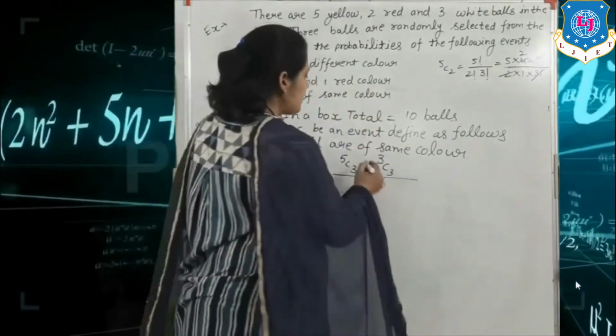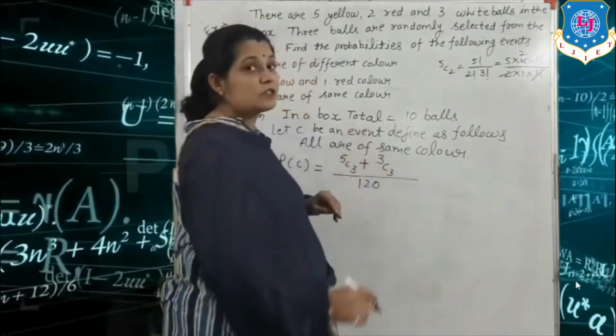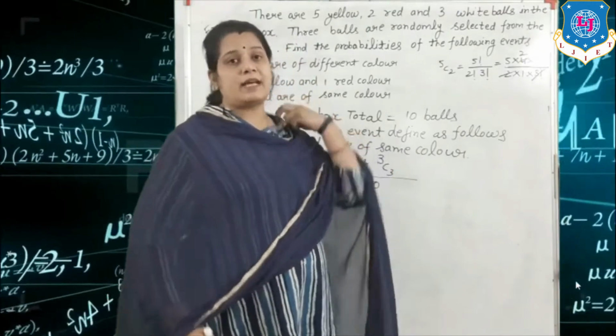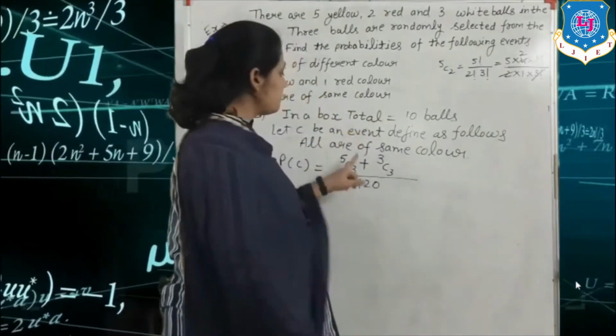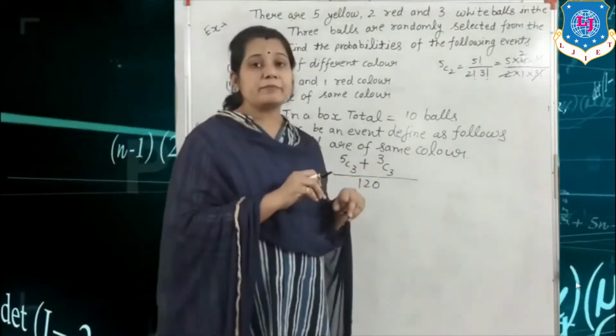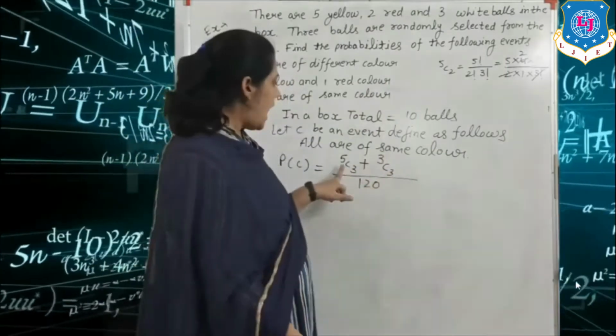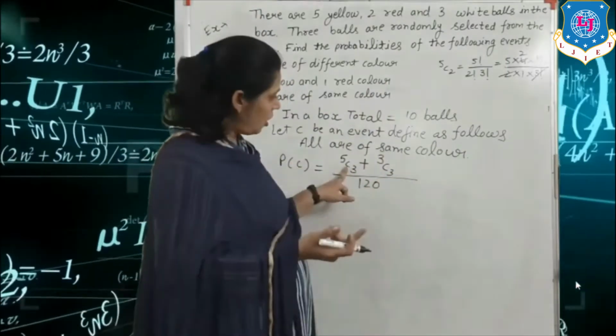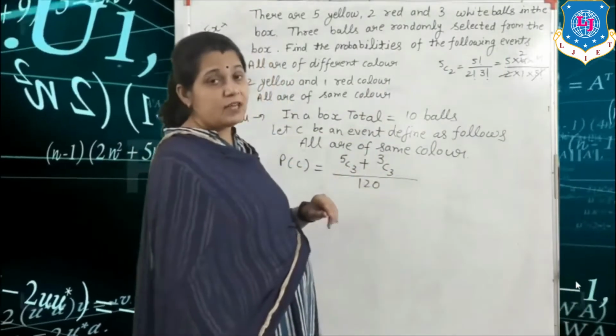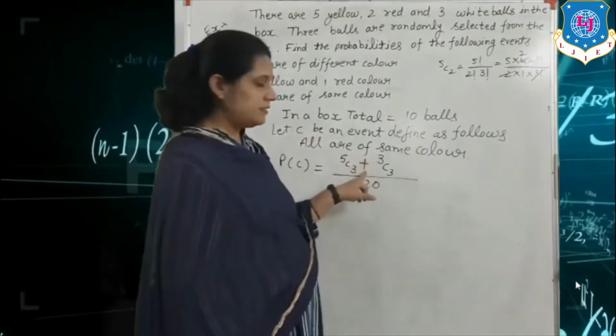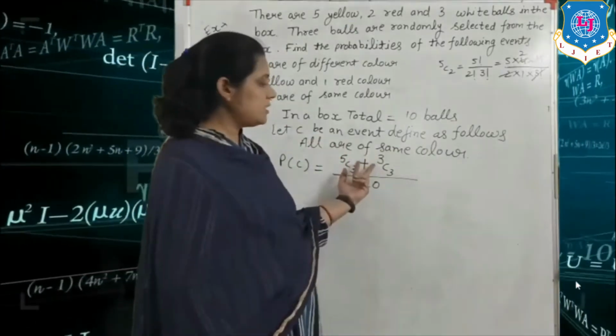So here we write the plus sign. What do you mean by the plus sign? Plus sign means union, either this or this. That means either 5C3 or 3C3, only one is selected from these two terms.